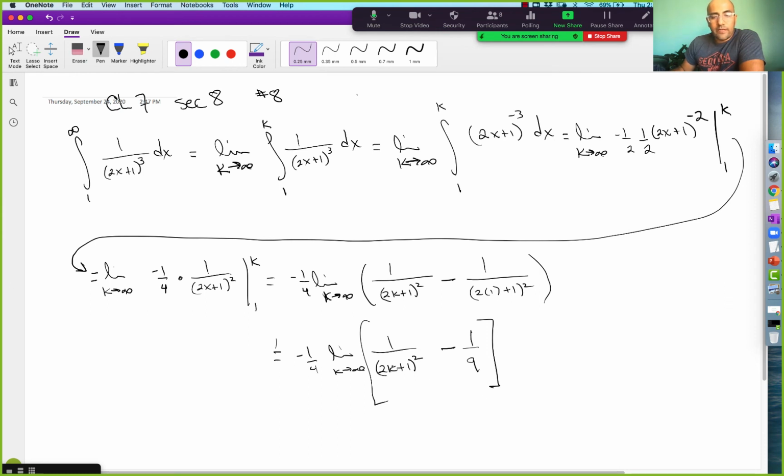As k goes to infinity, the first term is going to go towards 0. So that takes care of the limit, and we're just left with this. We'll end up with negative 1/4 times negative 1/9. So the whole thing is going to be equal to 1 over 36.